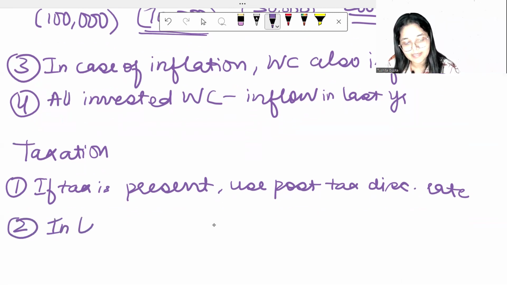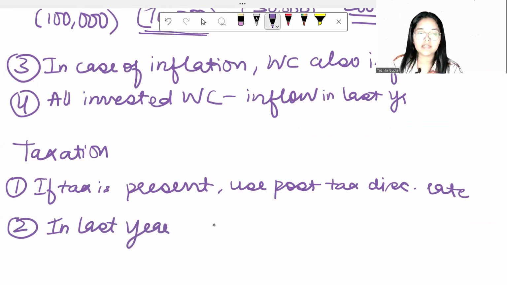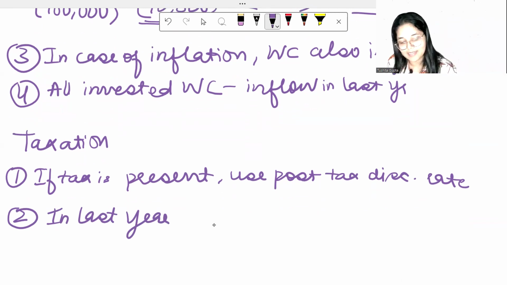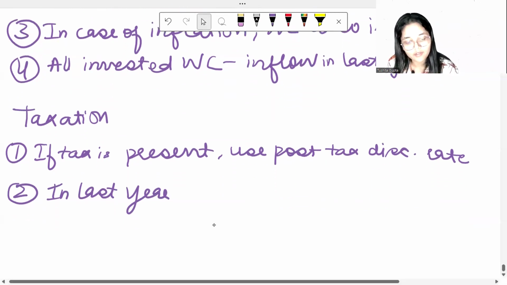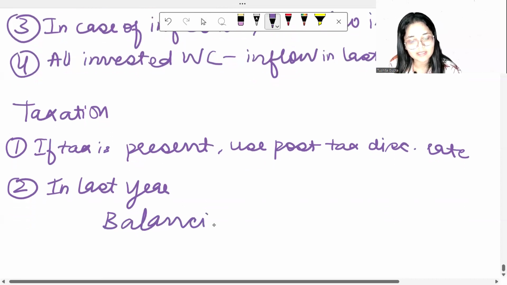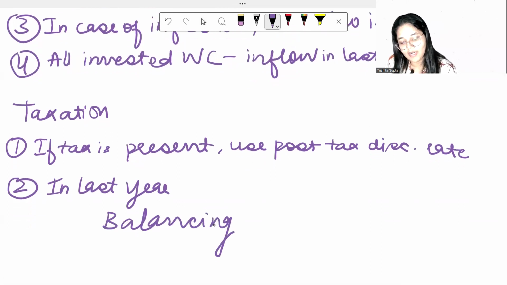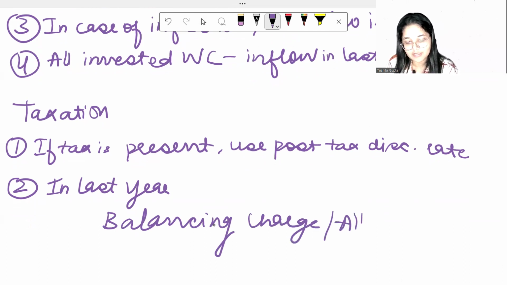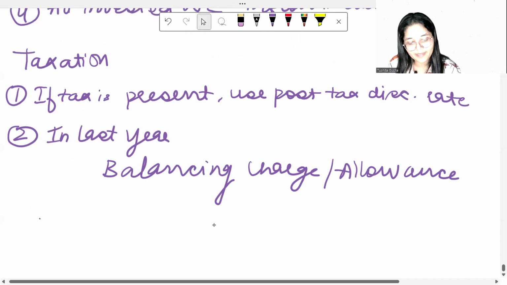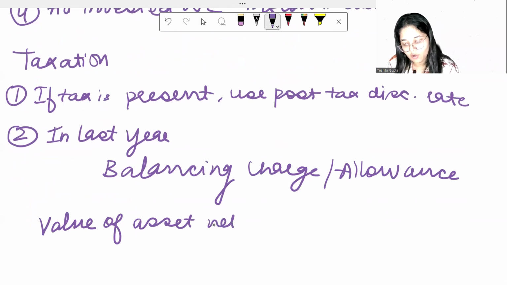And the second thing, as far as taxation is concerned, that you have to remember is that in the last year of the asset, this is regarding the capital allowances that you get on non-current assets. So in the last year, how can you find out your balancing charge or allowance? This is something which is very well taught in your taxation exam, although a lot of students would have probably claimed exemptions for the same. So how do you calculate your balancing charge or allowance? Number one, you first take the value of the asset net of already claimed written down allowance.